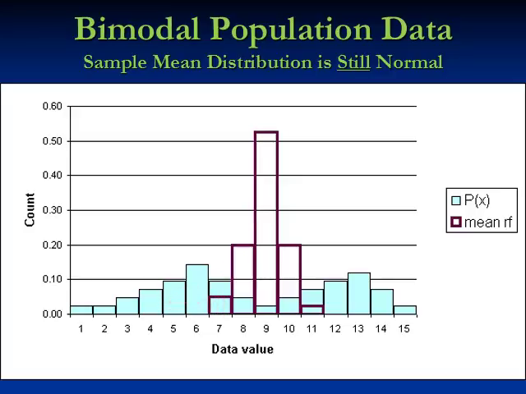Once again, when we plot all the sample means, shown in the pink outline, we end up with a normal shape distribution. Not only normal shape, but once again, less variance than this population itself. So the standard error of the mean here, once again, is much smaller than the standard deviation of our main population.